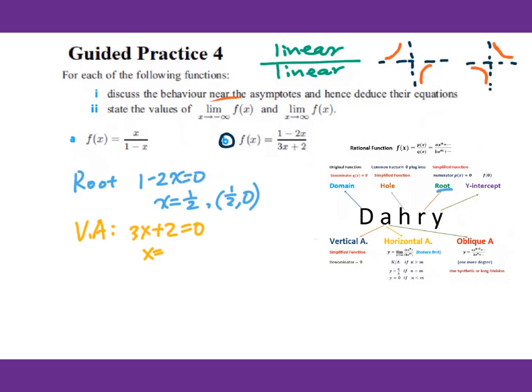So x equals negative 2 over 3. This is the vertical asymptote line. For the horizontal asymptote line, y equals, check the leading degree. You have negative 2x over 3x, that is negative 2 over 3.